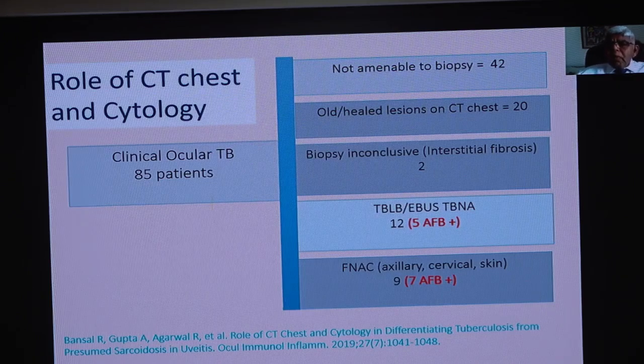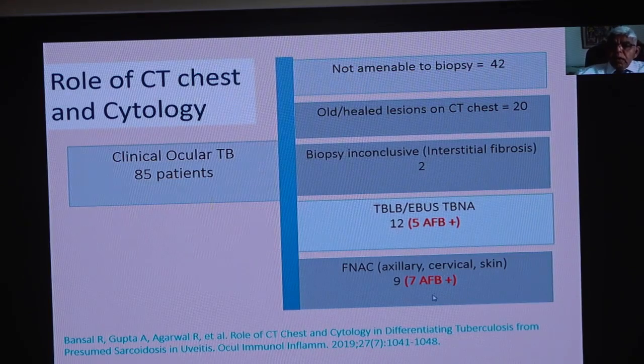So only in about a quarter of these patients, when we did the biopsy using even very sophisticated techniques like EBUS, that is endoscopic ultrasound-guided transbronchial lymph node aspiration with a fine needle, or from other lymph nodes that were available, we found that this was positive.